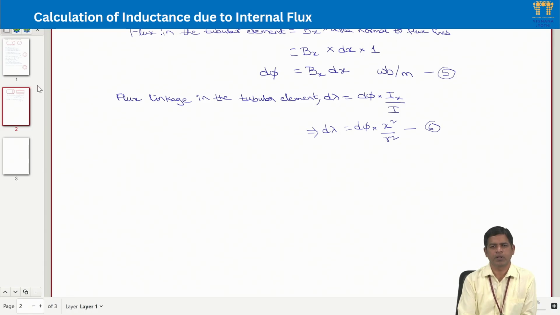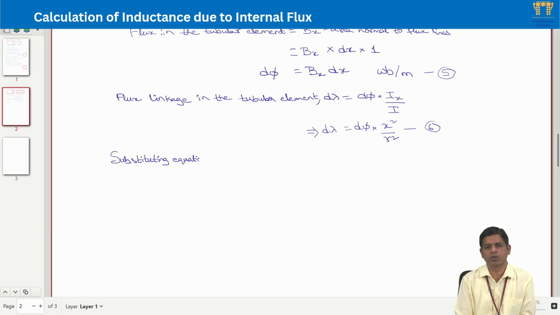Now substituting equation 5 in equation 6, we get d lambda is equal to, in place of d phi, now we may substitute bx into dx.